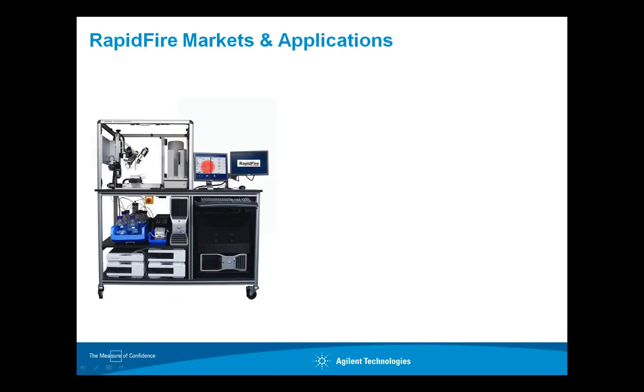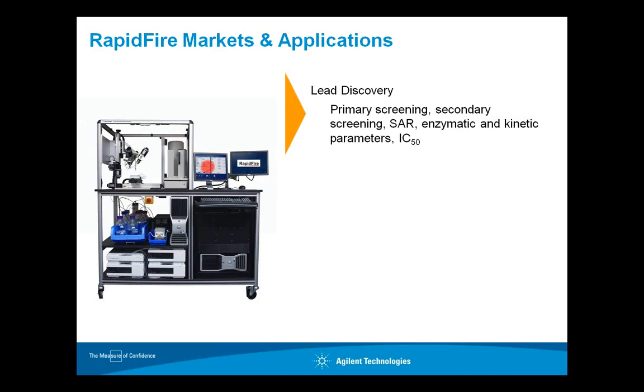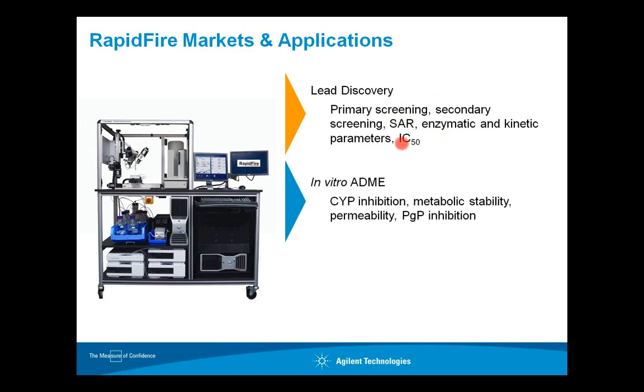So now that I've told you a little bit about how the RapidFire system works and some of the background of the system, I wanted to focus a little bit on the markets and the applications of the RapidFire system. So lead discovery is one of our very important applications. Lead discovery encompasses primary screening, secondary screening, SAR, enzymatic, kinetic parameters, and IC50s.